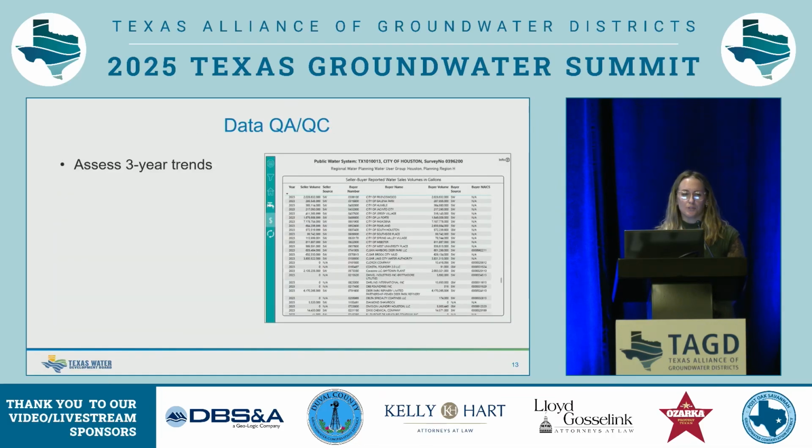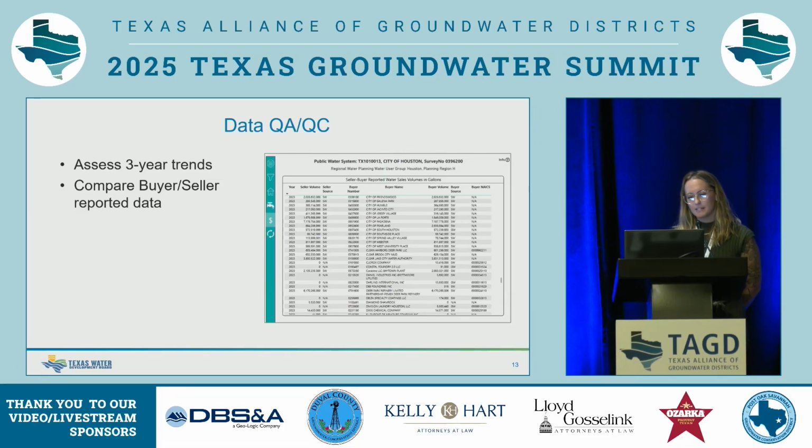Just to briefly go over the QC that we do, we assess 3-year trends when we look at our data and try to find any outliers with that. As I mentioned with the sales, we have that buyer-seller reported data. So this is a snippet. Again, it might be hard to see in the back, but we have a dashboard, which I'll get to a little later, and this is an example of the city of Houston.